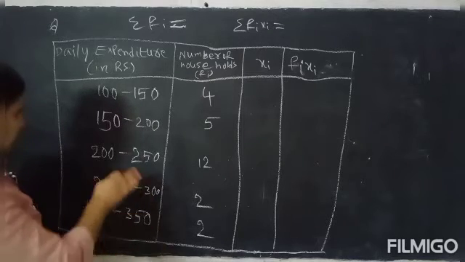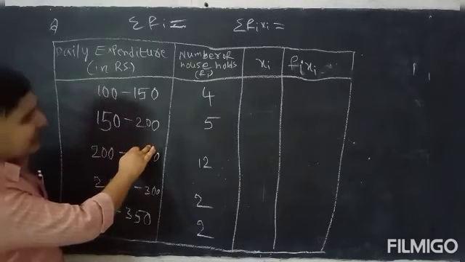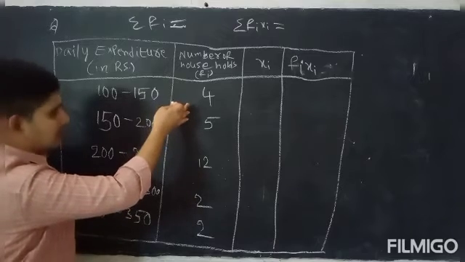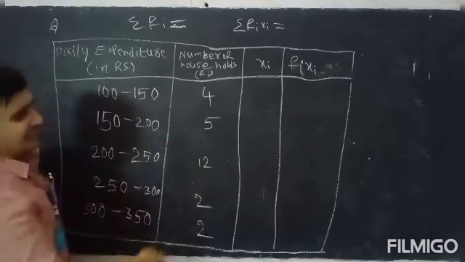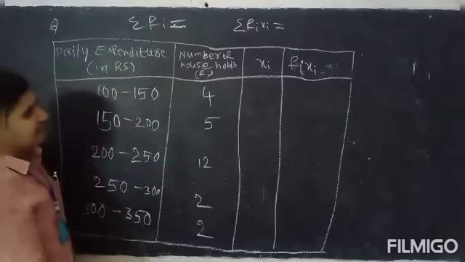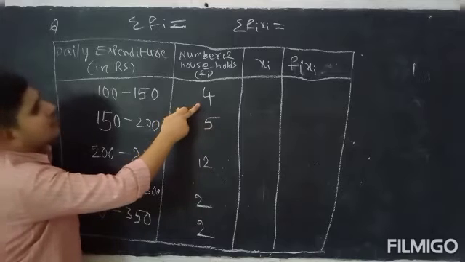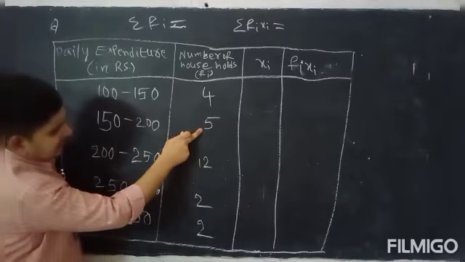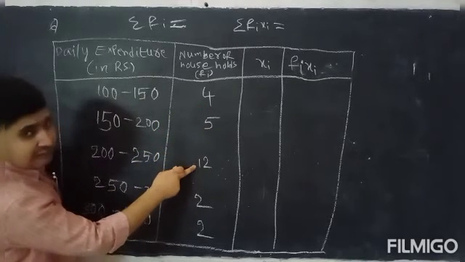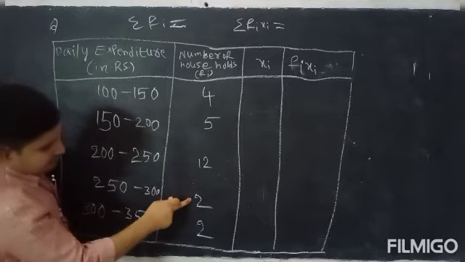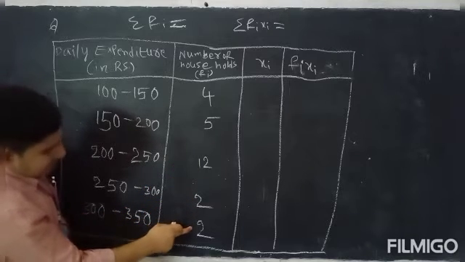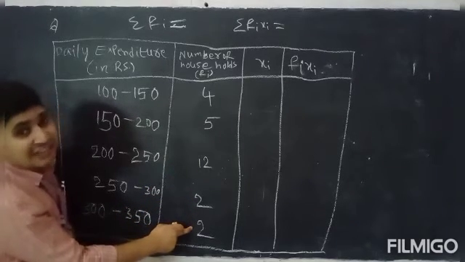These are the class intervals and this is the class frequency. Now count the sum of the frequencies: 4 plus 5, 9; 9 plus 12, 21; 21 plus 2, 23; 23 plus 2, 25.